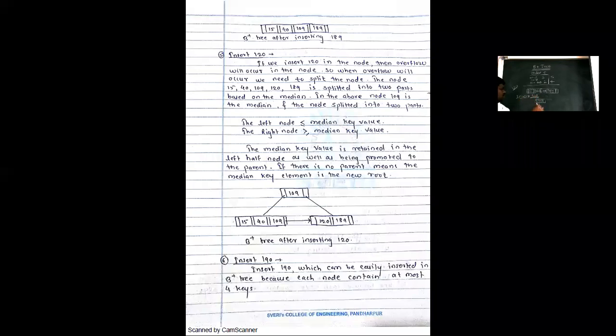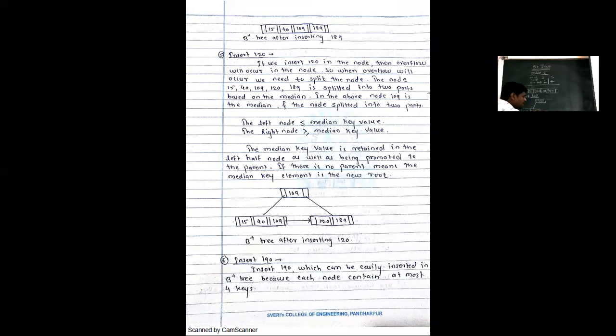Right. So after insertion of 120, 109 we'll consider as a root, and here first 15 as it is at left side, 40 as it is, and here 109 we are maintaining at leaf level also, right? But in B tree we are not considering at leaf level. So this is the first change. So 109.